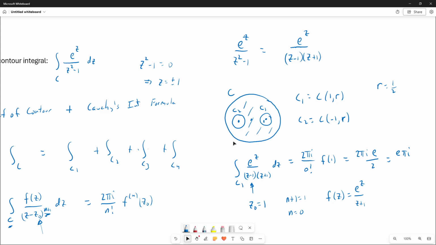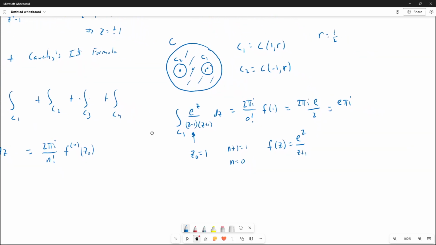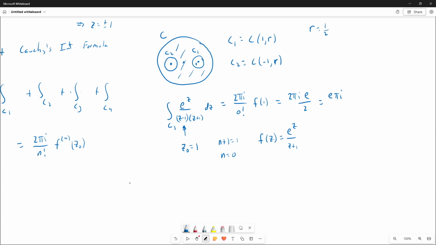Now we'll calculate the integral around C2, and the deformation of contour theorem says that we will add those two together. So around C2, e to the z over z minus 1 times z plus 1 dz. Now the circle C2 has the number -1 in its center, and that's going to be our z0.